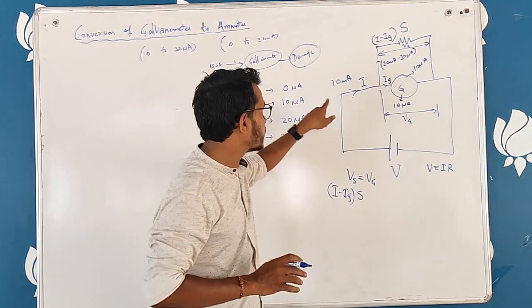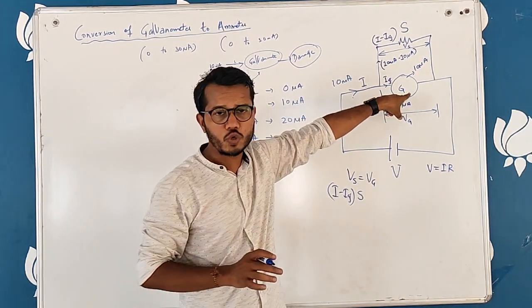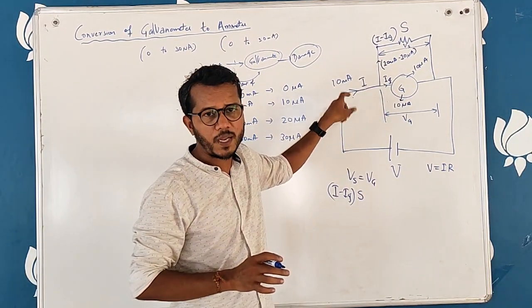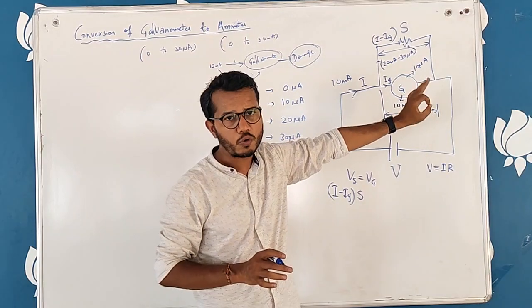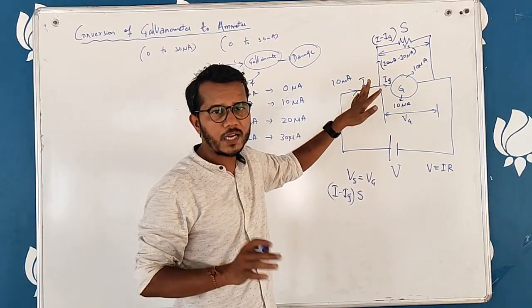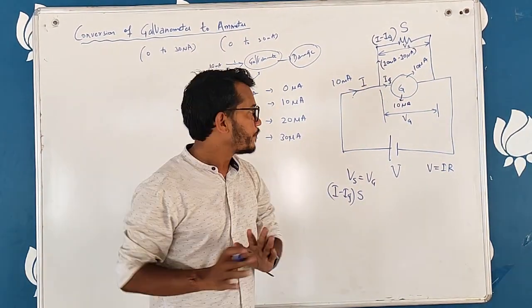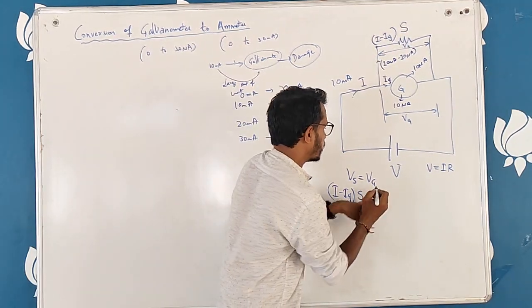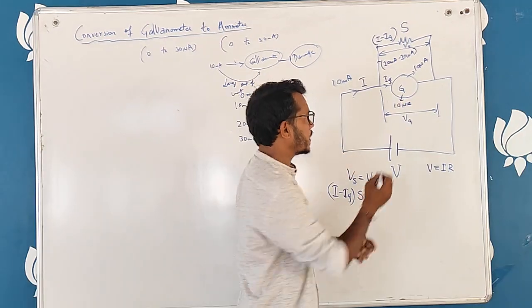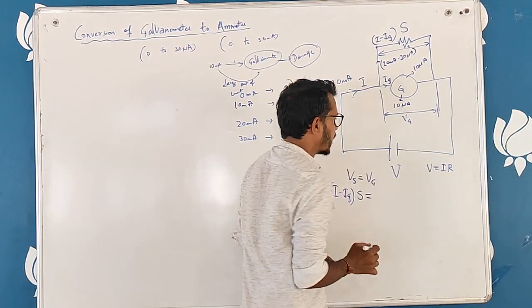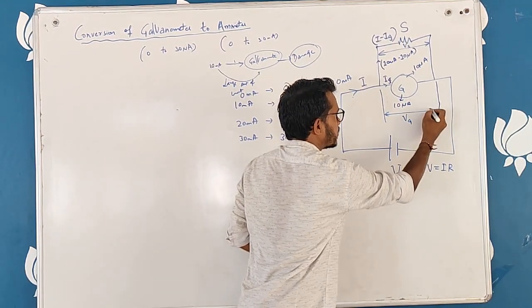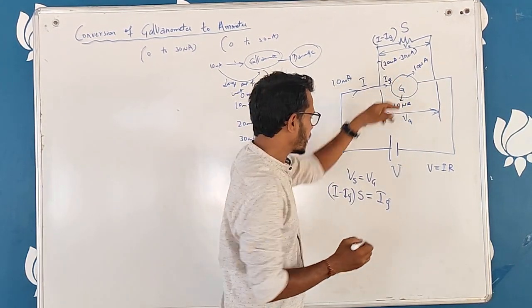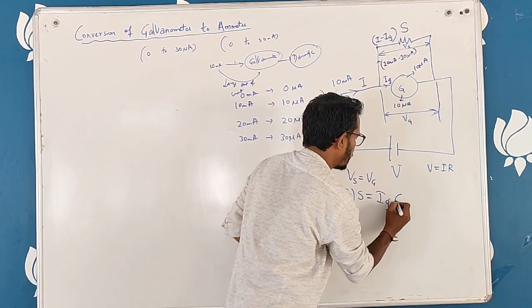Only Ig current means if I supply 10 milliampere, it has to show a deflection of 10 microampere, and if we supply 20 milliampere, it has to show 20 microampere, and like that for 30 milliampere also. So we are finding the S value here. The potential drop across the galvanometer is Ig times G, where Ig is the current flowing in the galvanometer and G is the galvanometer resistance.